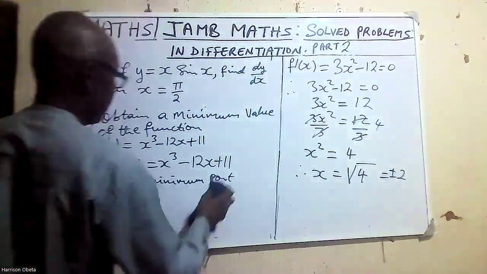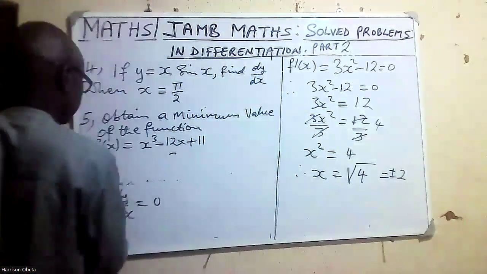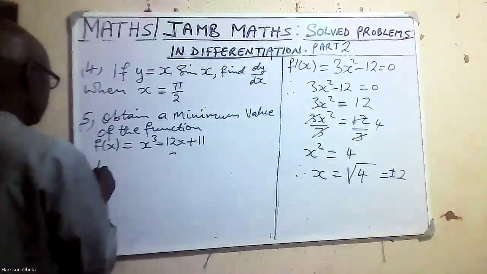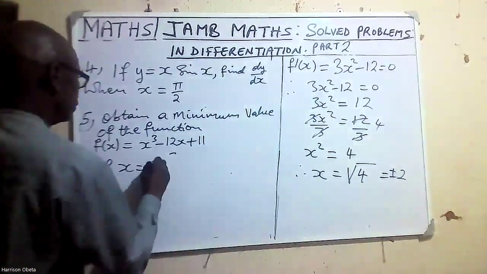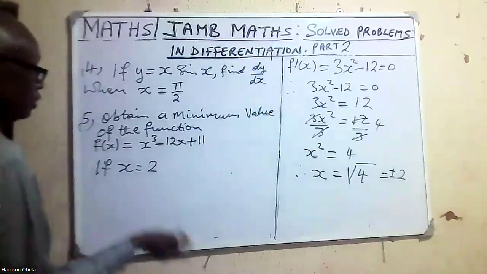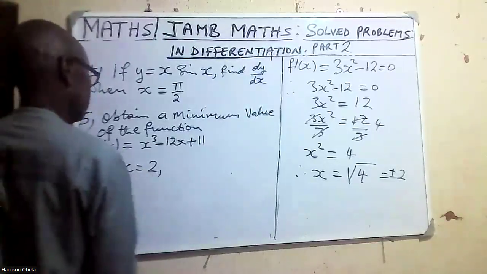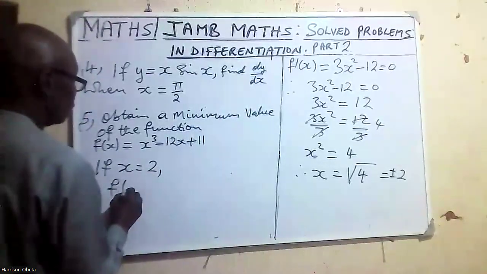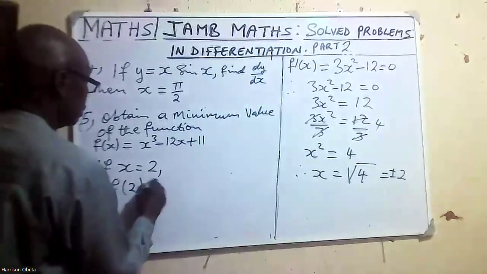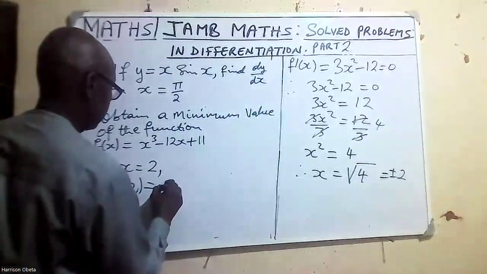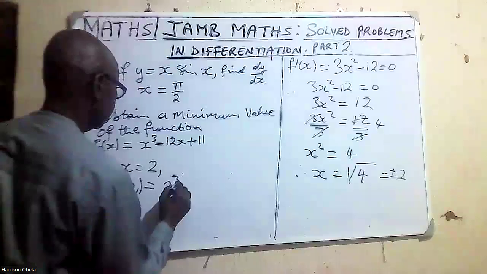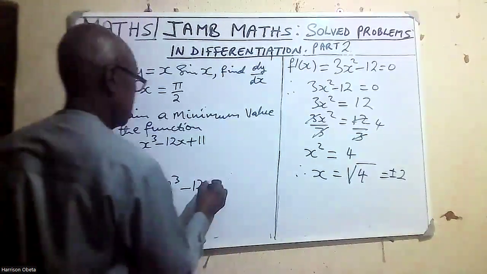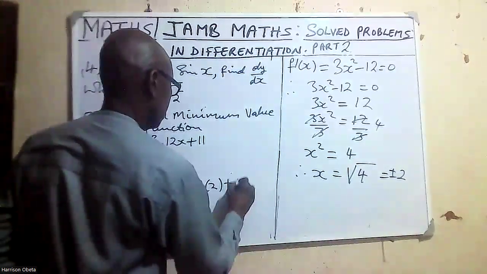So, coming back here, now, if x equal to 2, for instance, we substitute here to find what we are looking for, and that should be f of 2 will give us 2 raised to power 3 minus 12 into 2 plus 11.